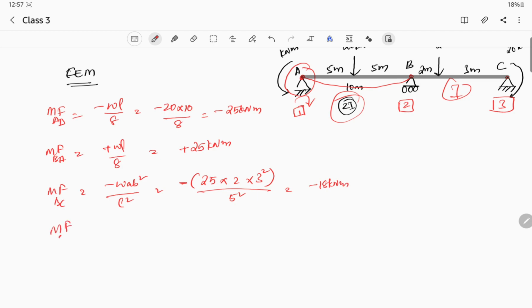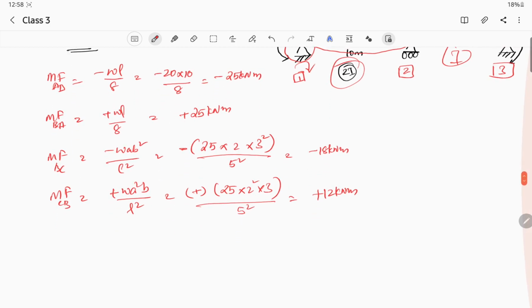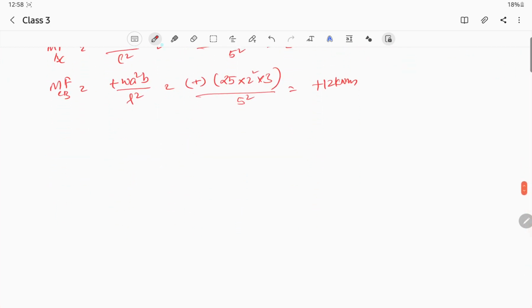Then MFCB will be equal to plus WA square B by L square, is equal to plus 25 into 2 square into 3 whole divided by 5 square, which is equal to plus 12 kilonewton meter.